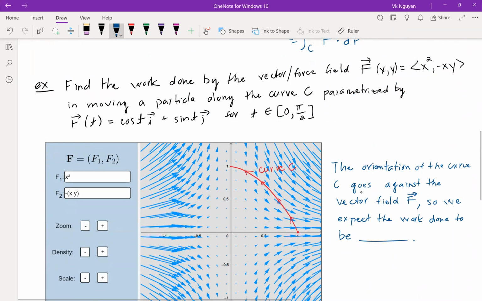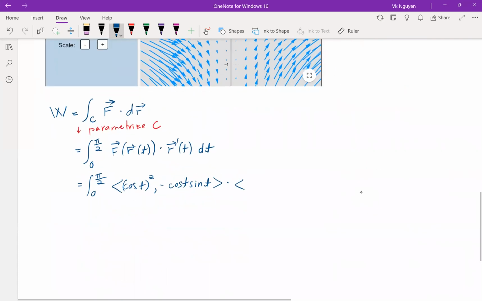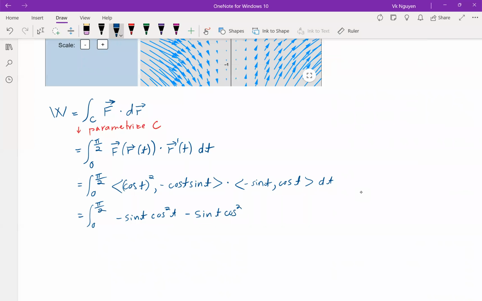This is r(t) here. The r prime is going to be negative sine t, cosine t. Negative sine t cosine squared t, and minus sine t cosine squared t. Oh, how nice. dt.